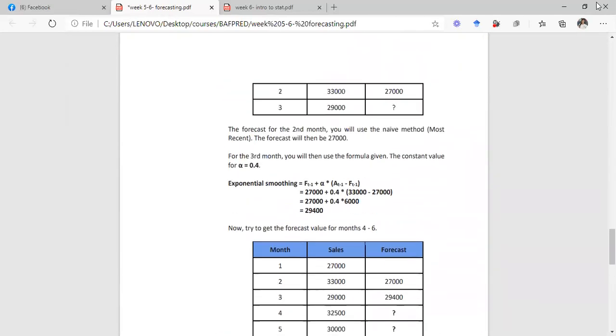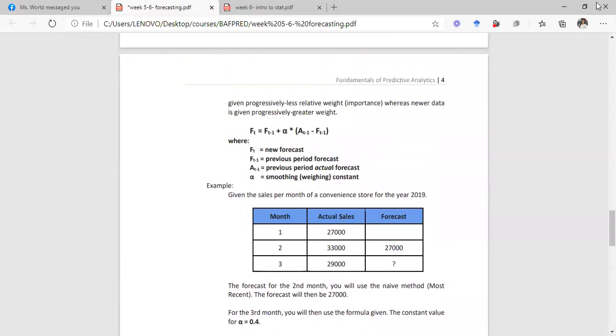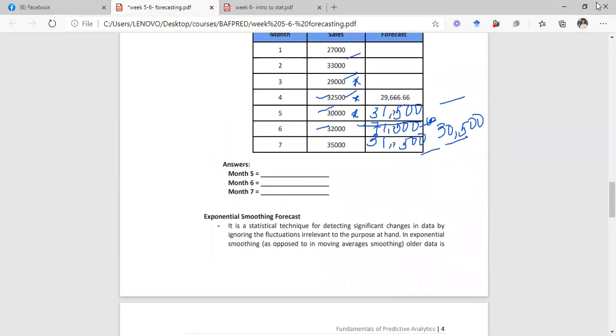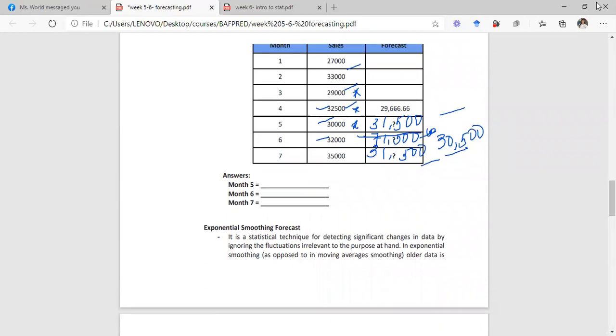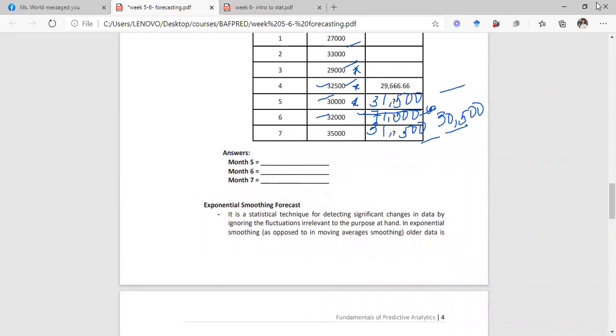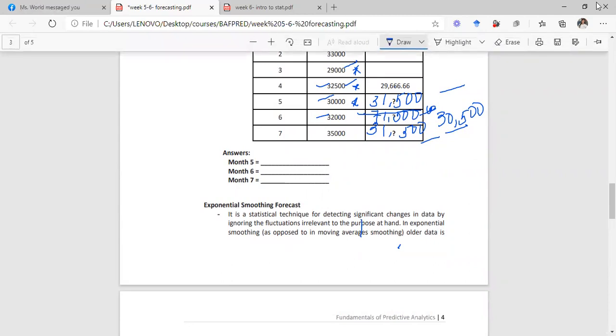The next one we have is the exponential smoothing forecast. Exponential smoothing is a statistical technique for detecting significant changes in data by ignoring the fluctuation irrelevant to the purpose at hand.